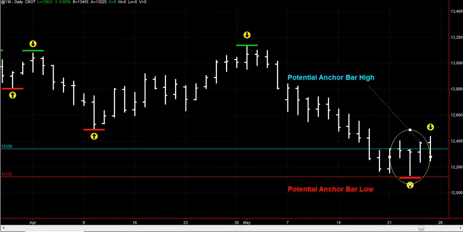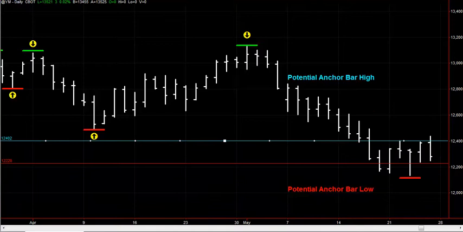So that's the new low. Now we're looking for a high. Actually, before I move forward, I realized I made a mistake, that this anchor bar, this anchor bar low was actually actualized by this bar, because that is where the close above the high is.